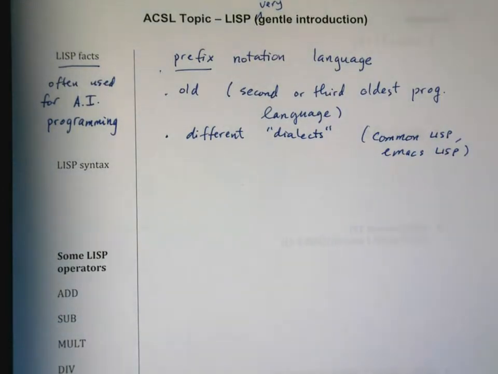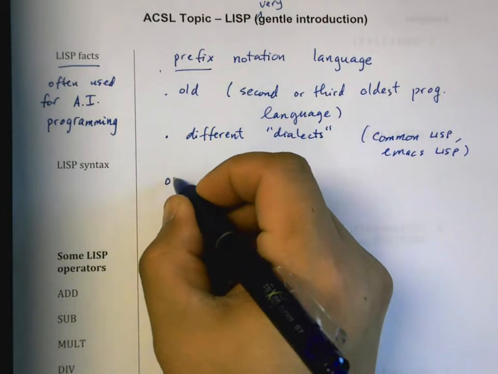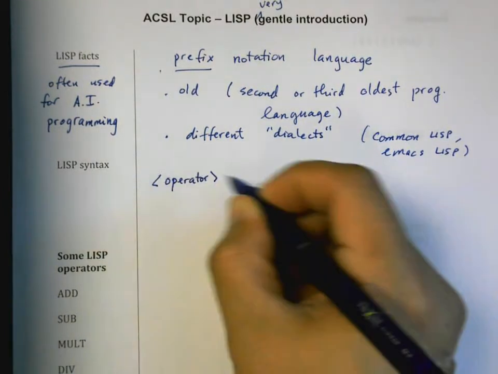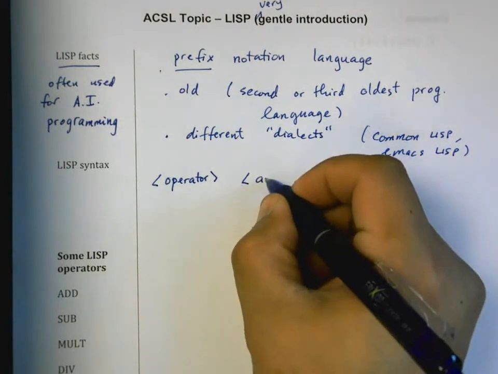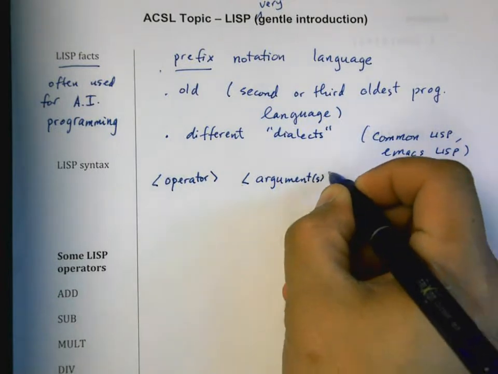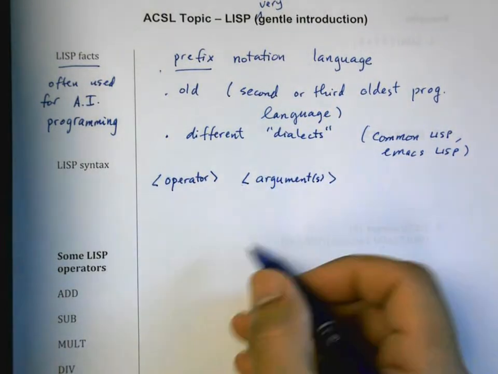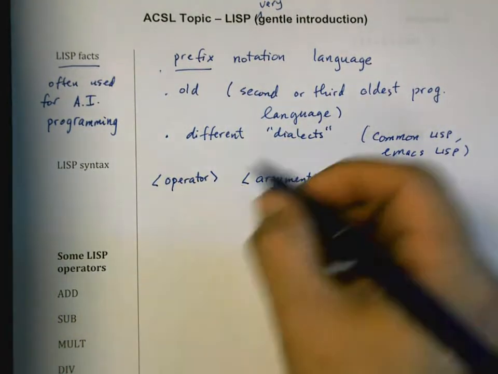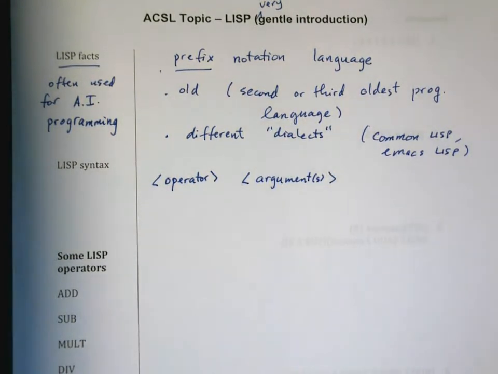As I said before, it is prefix, and it usually starts with an operator of some sort, and then arguments. You can have one argument, or a bunch of arguments. This is a very gentle introduction, so I'm not going into much greater detail, but you can write functions in Lisp, define functions, call those functions, and do a number of other things.